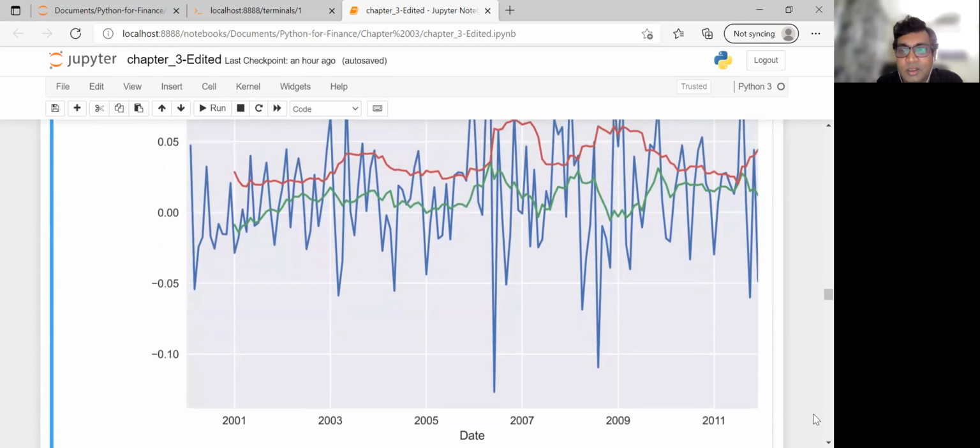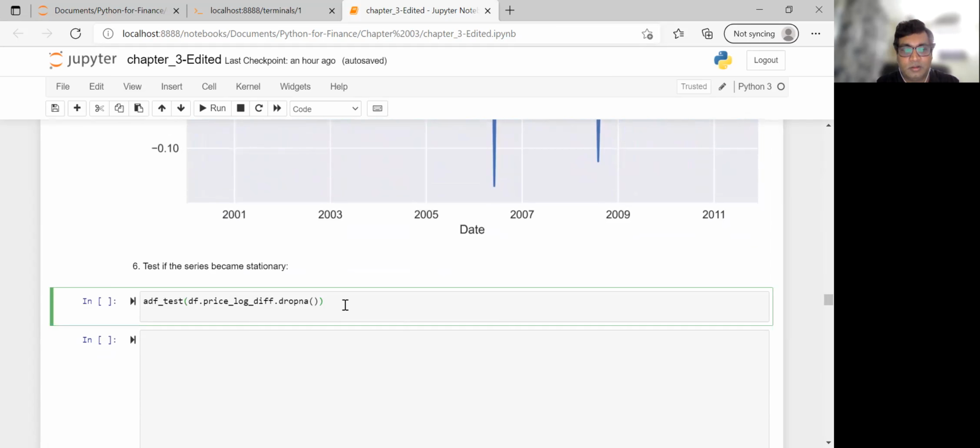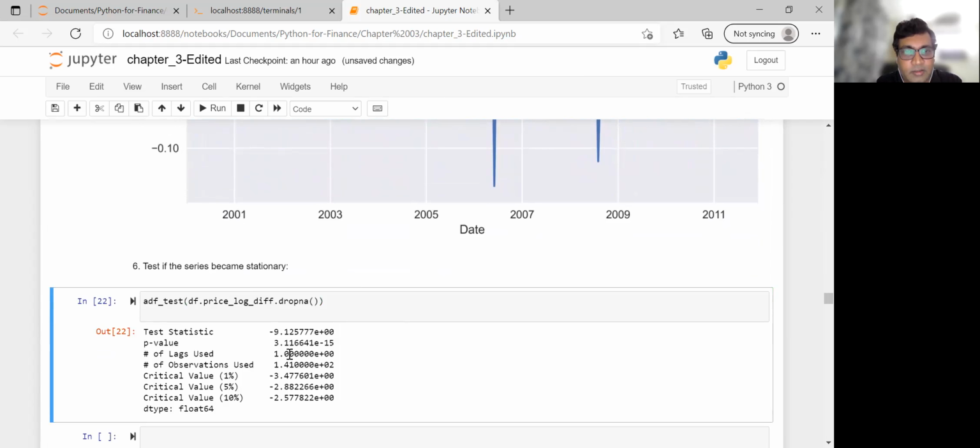So let's see now if we apply our ADF Fuller test here. Yeah, and you can see the p-value is 10 to the power minus 15, which is like decimal 0.0003, something like this, which means less than 0.05, right? So that way we can reject our null hypothesis now, which is that the test series is not stationary. We are rejecting it, which means we are saying the time series is now stationary, right?